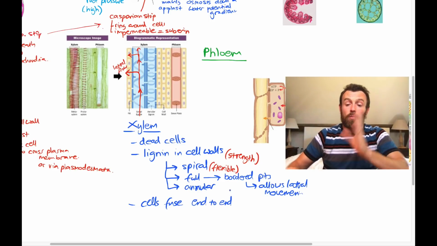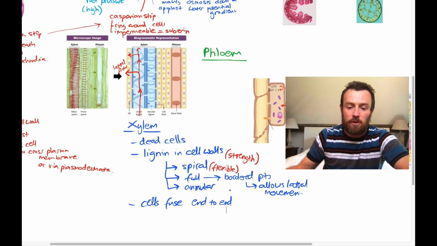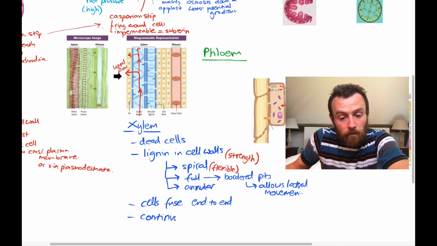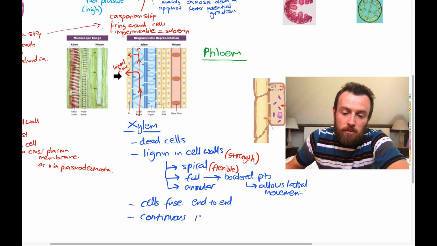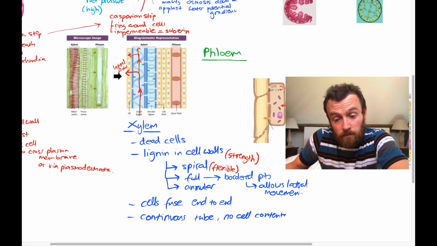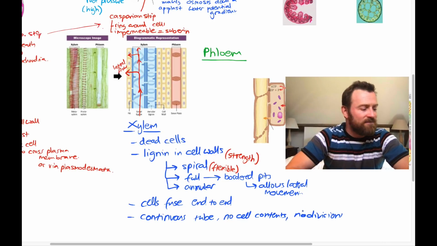One cell and the next, the end plates fuse to form a continuous tube with no cell contents, nothing at all, and no divisions between individual xylem vessel elements which fuse together.